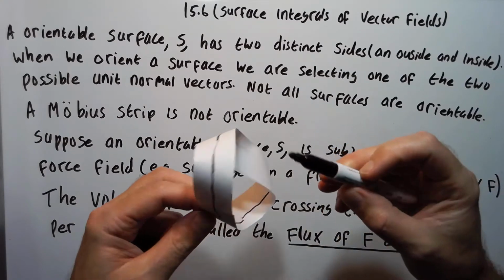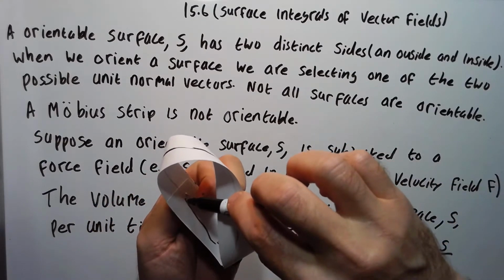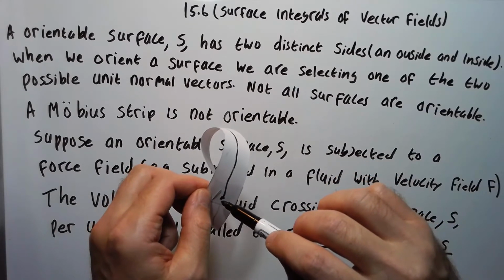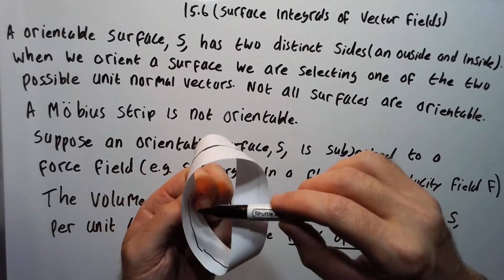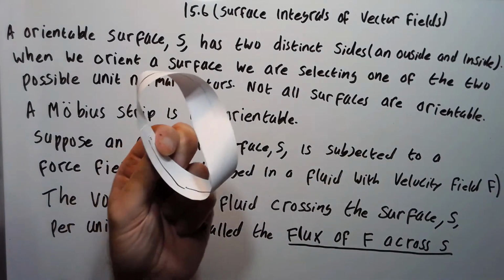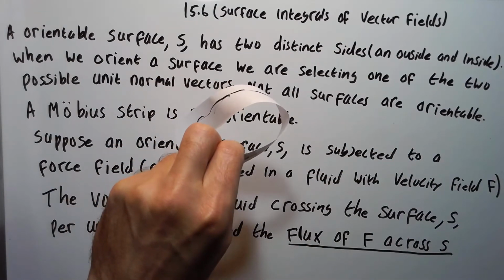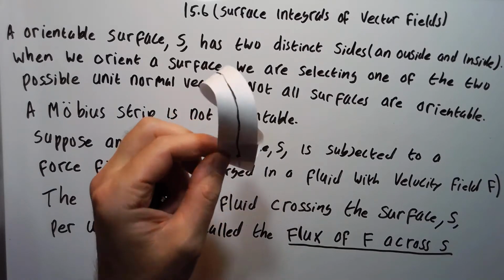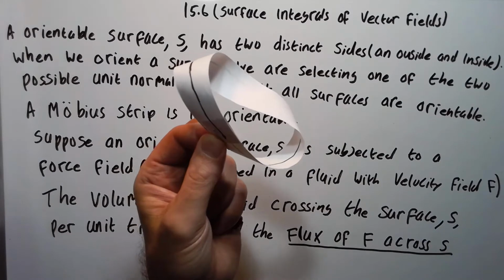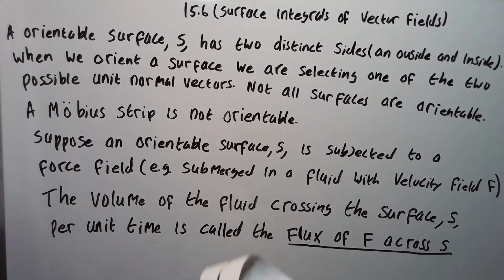When I went around, I got to this location. So therefore, that can't be an outside. They both have to be on the outside then, here and here. So you can see it only has really one side, this surface. This is called a Mobius strip, and it's an example of a surface that's not orientable.